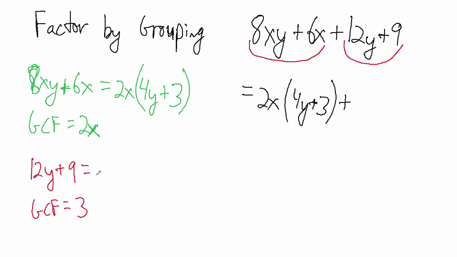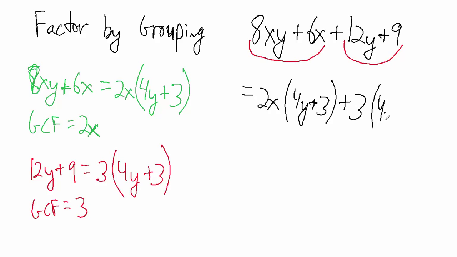So then 12y plus 9, if we factor that with the greatest common factor, what do we get? 12y divided by 3 is 4y. 9 divided by 3 is 3. Because remember, factoring is just dividing. So then what we have here, 12y plus 9 we just found out is 3 times the quantity 4y plus 3.